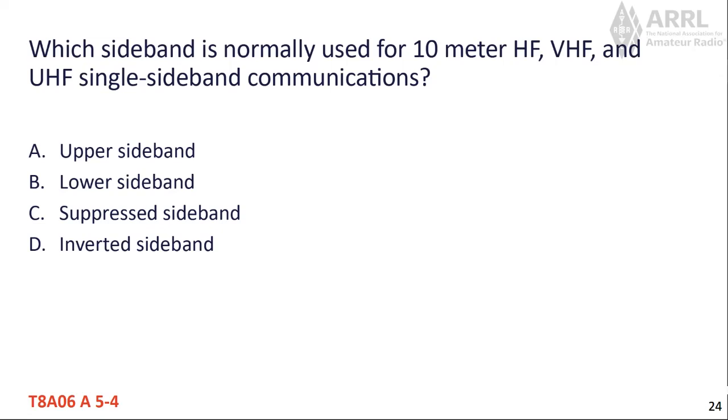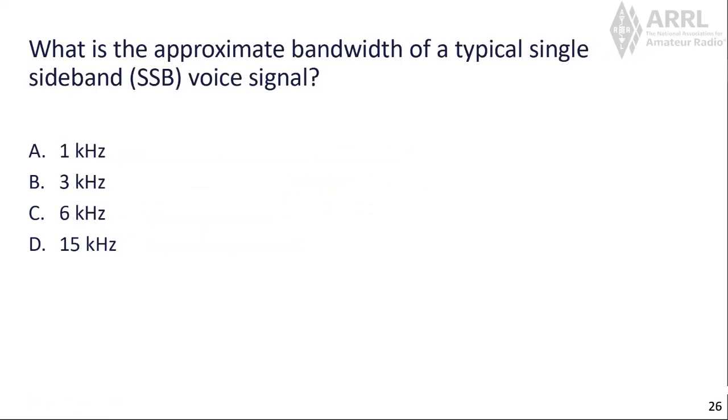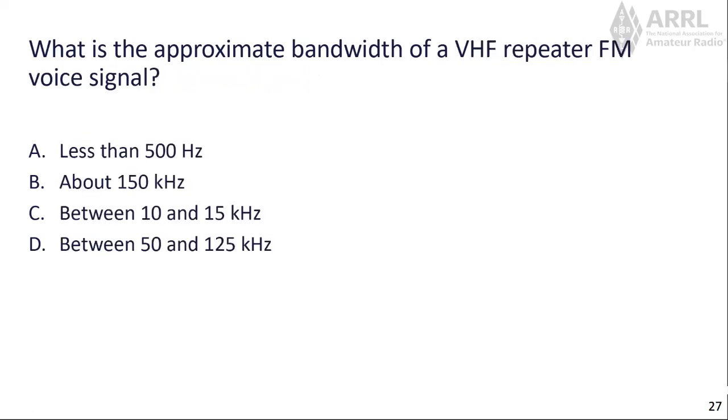What is a characteristic of single sideband compared to FM? Single sideband signals have narrower bandwidth. What is the approximate bandwidth of a typical single sideband voice signal? 3 kilohertz.